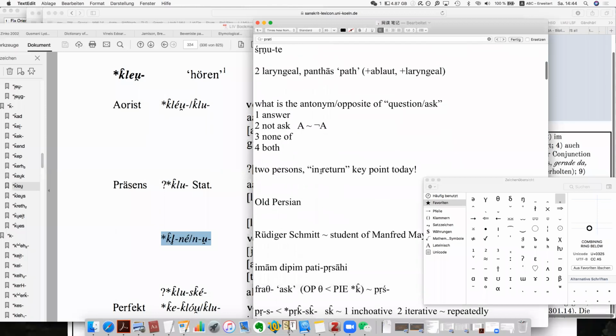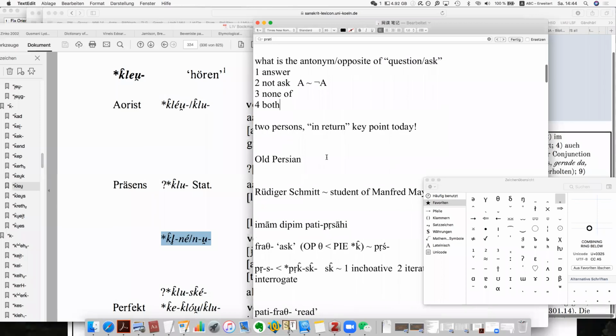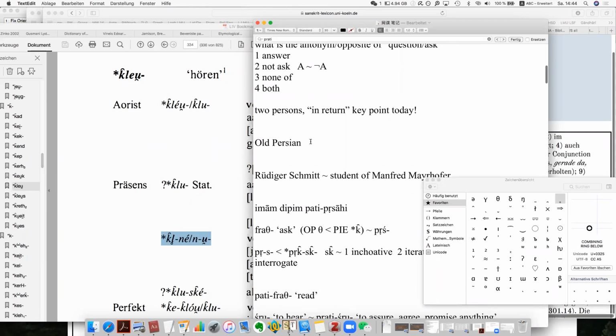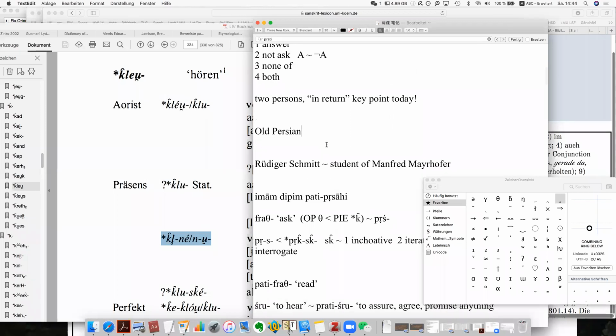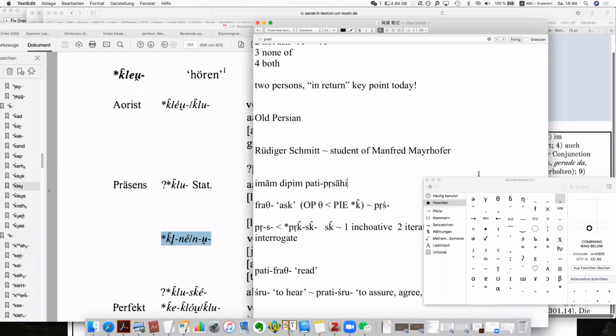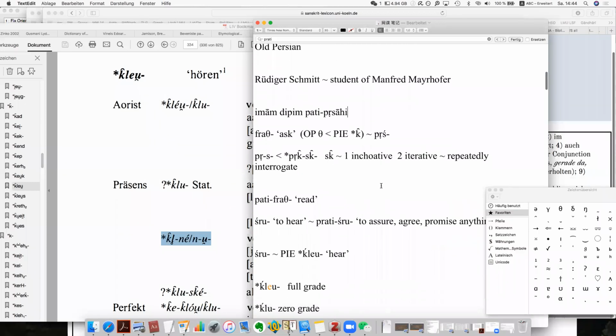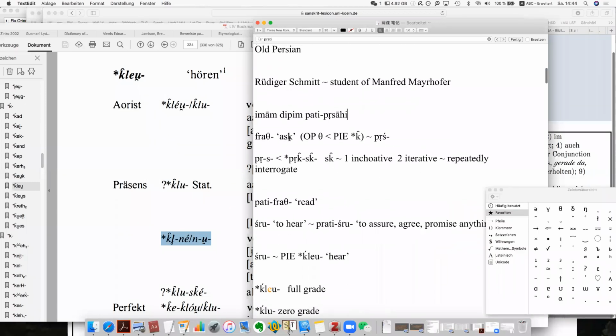And then we checked the question and answer that, and we try to explain the strange word, namely pati-prs in the old Persian inscription, right? So the verb is actually ask, right? But in the present, it means punish.